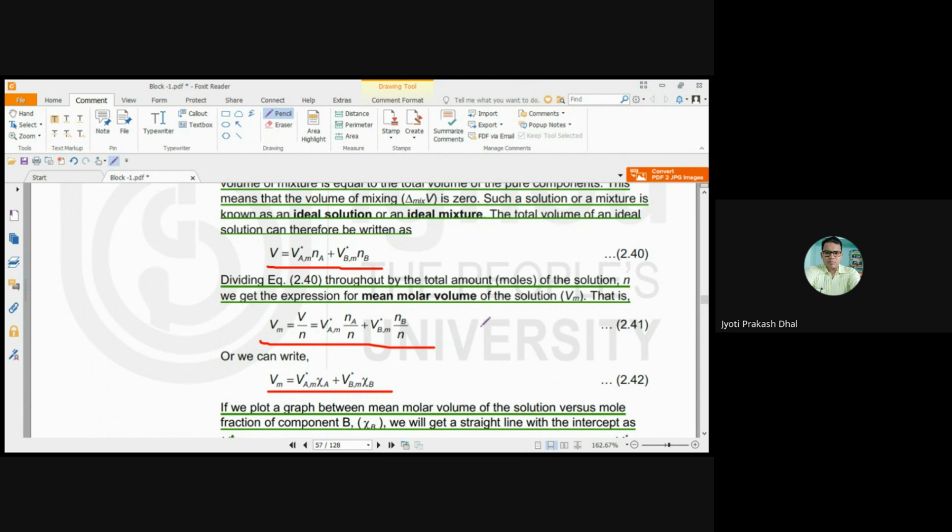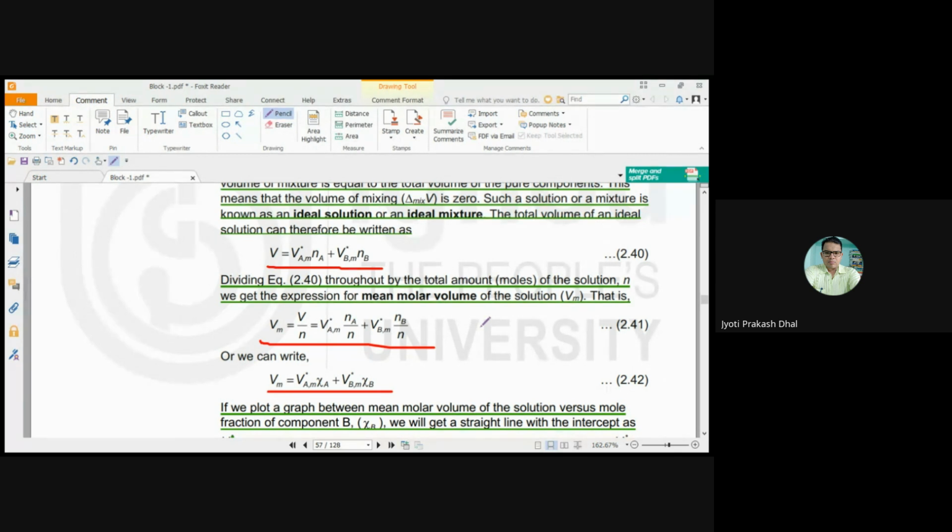The non-ideal solution is again divided into two types. In the non-ideal solution where the interaction between A and B is more than the individual interactions, the volume will decrease, and that is a negative deviation. In the other type of non-ideal solution, the interaction between the two components A and B is less than the individual interaction AA and the individual interaction BB.